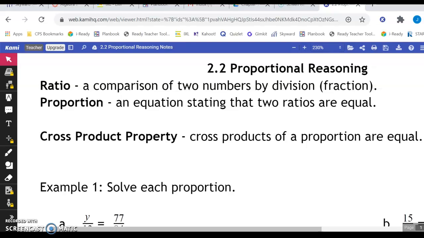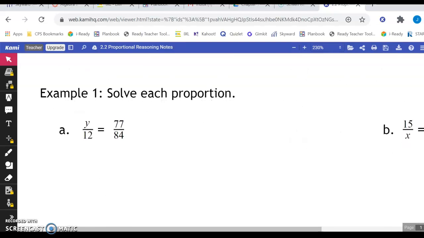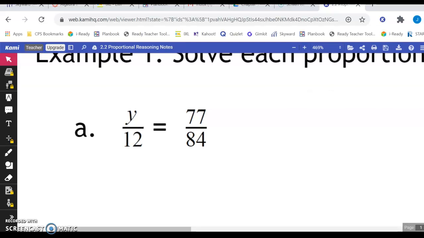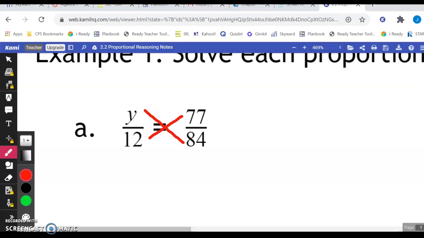And then the cross product property says that we can multiply across on diagonal in a proportion, and we are going to get the same answer if they're proportional. So the cross multiplying we have to use to solve for example 1 here. We have to multiply the cross product.